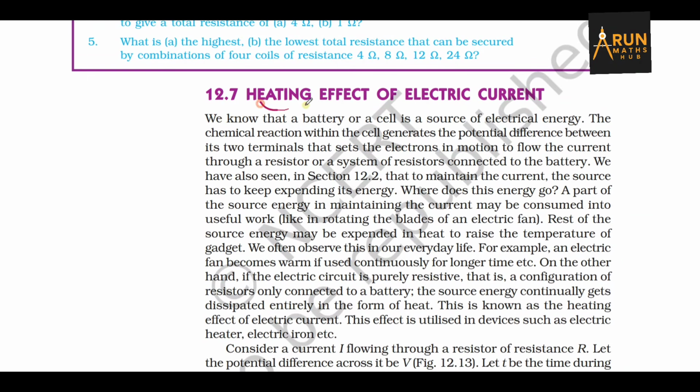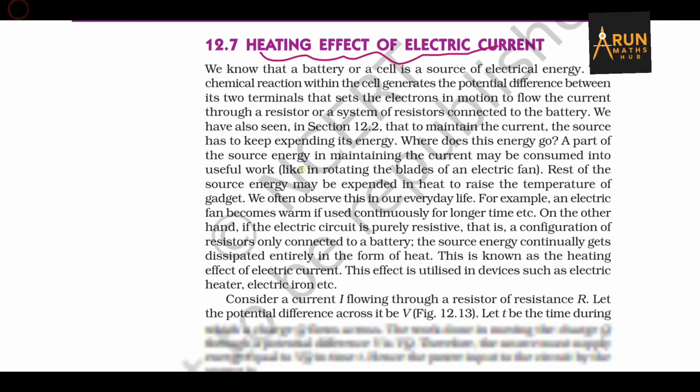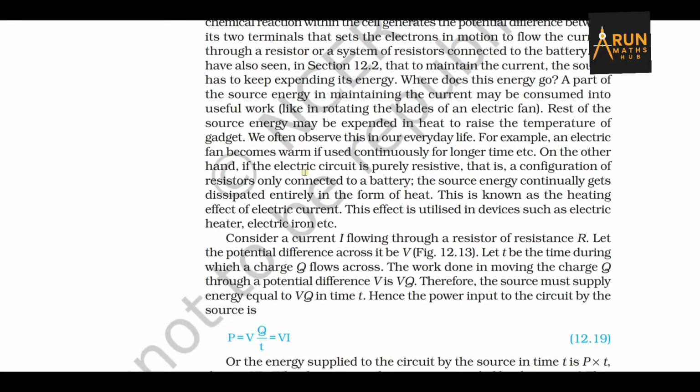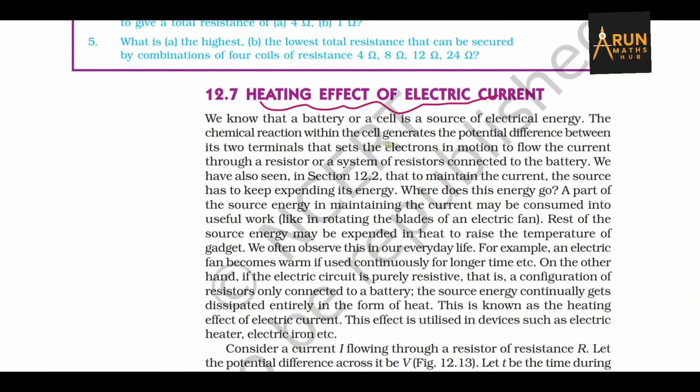Now there is an important concept, the heating effect of electric current. So we know that a cell generates a potential difference between 2 points. Name the component which creates potential difference. It is the cell or the battery.